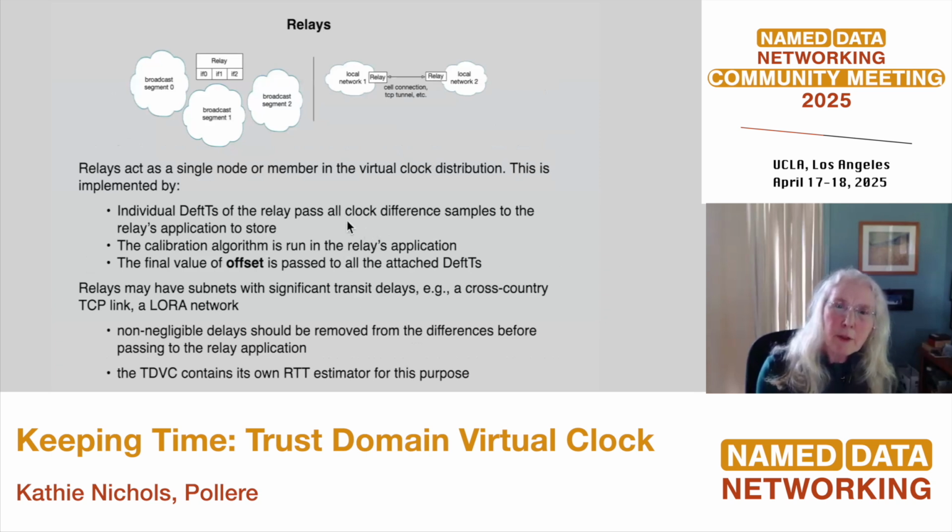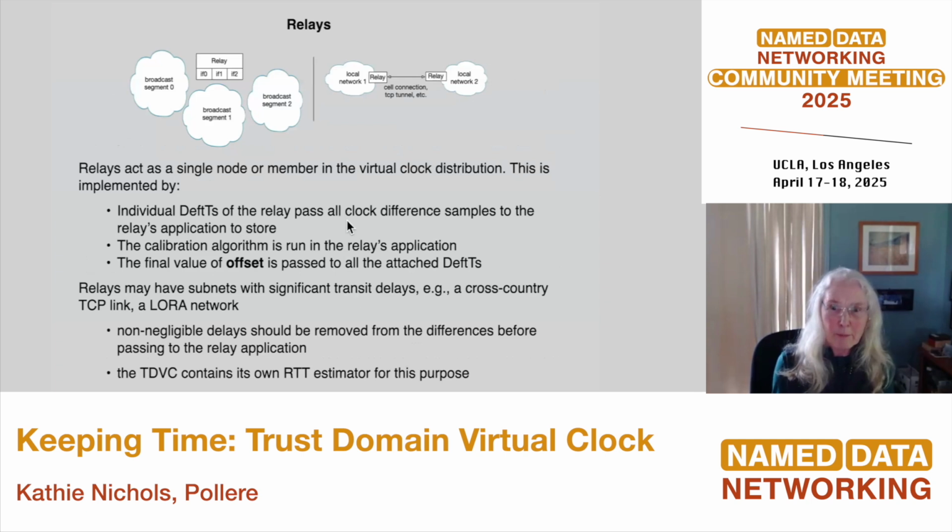Then I wanted to point out that we do something a little differently in the relays. If you remember, I mentioned earlier that relays connect different subnets. So in order to figure out how to correctly treat them in this neighborhood approach, they act like a single node in that virtual clock distribution.